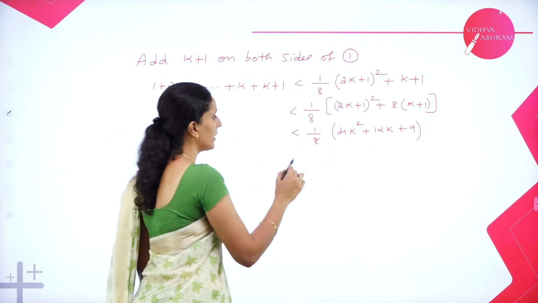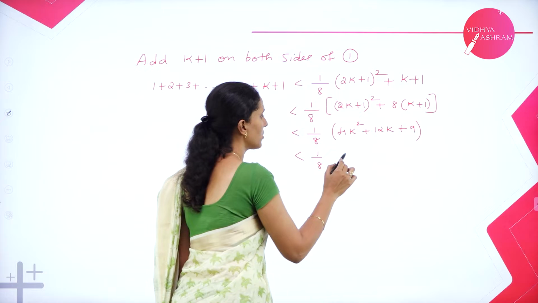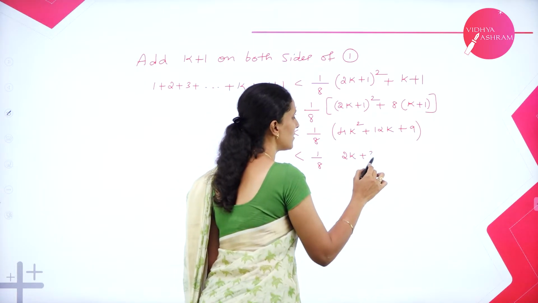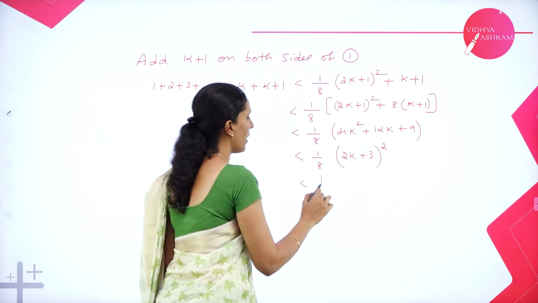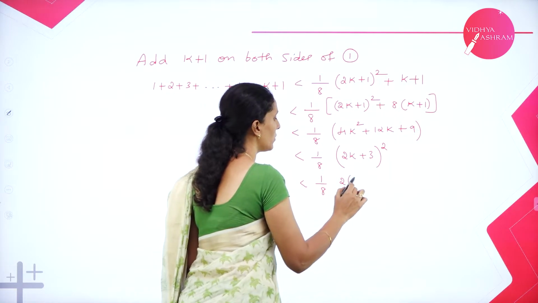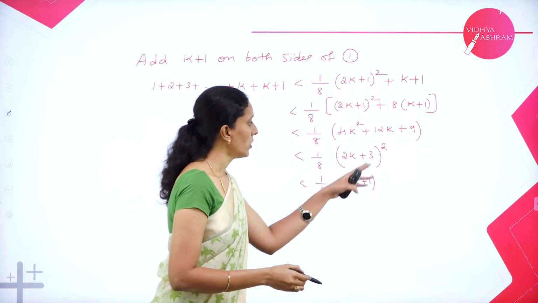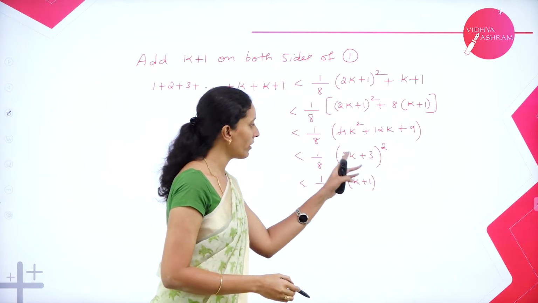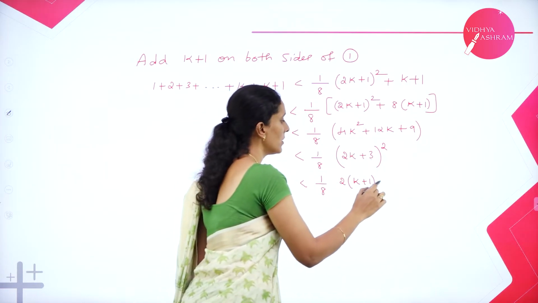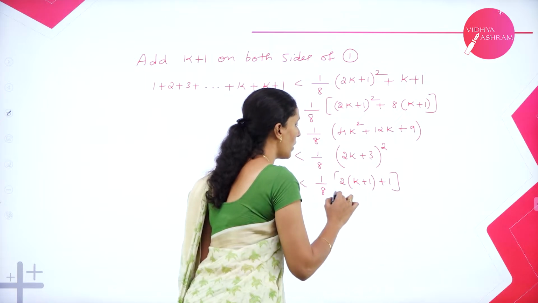So clearly this is 1/8 (2k + 3) whole squared. That is 1/8 (2(k + 1) + 1) because 3 can be written as 2 + 1, so we can take 2 as a common factor. So it is (k + 1) whole squared.